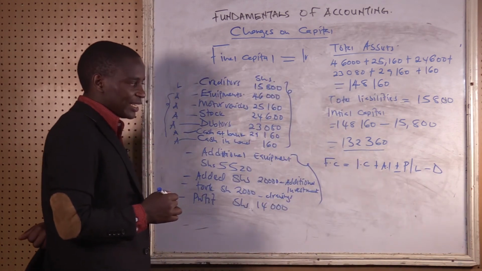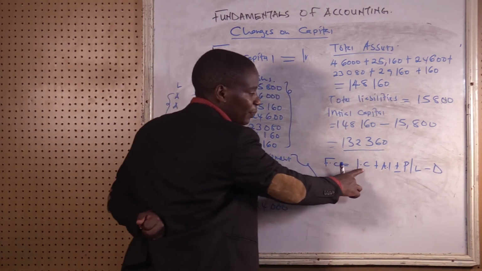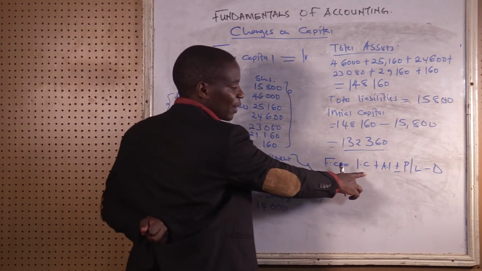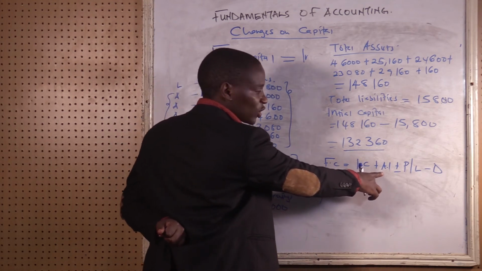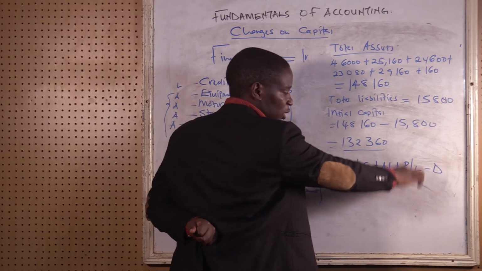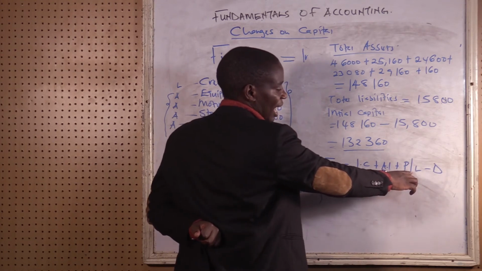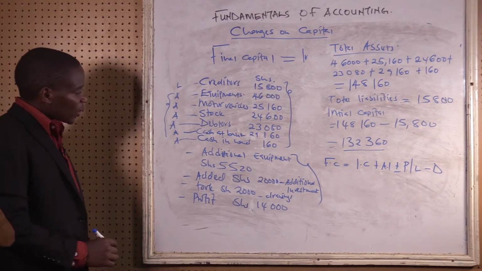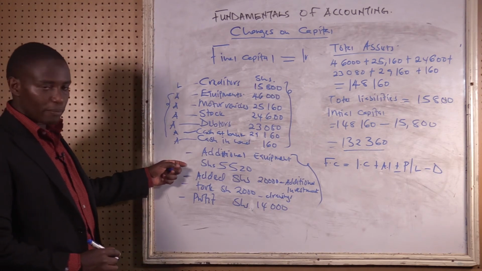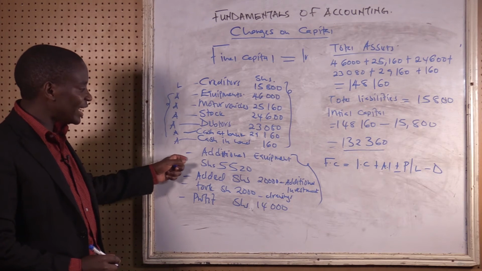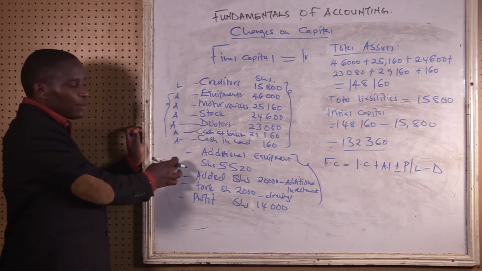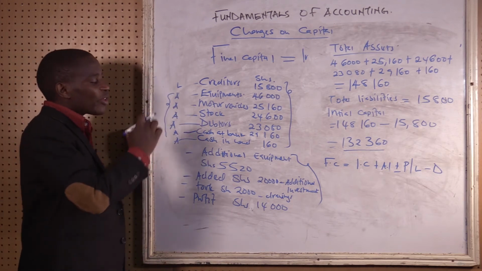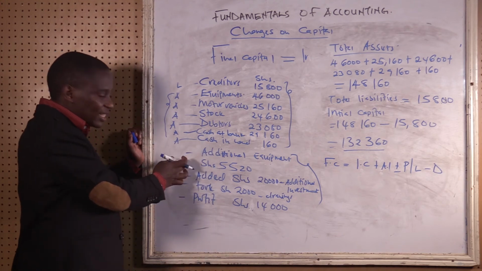IC stands for initial capital, AI for additional investments, P/L for profit or loss, and D for drawings. In our additional information, we had been told that in the month of May, the following things happened.